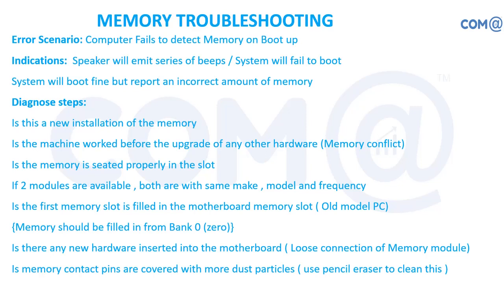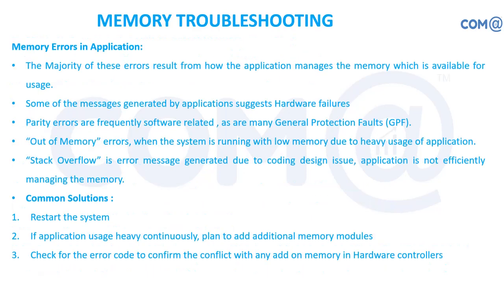Definitely they'll find a problem, so get a replacement module and insert it, and it will work. There is no issue with the motherboard, no issue with the processor, because it is working well with the old memory modules. If there is still an issue, we'll have to check whether it's a processor issue, SMPS issue, whatever it is. Now we'll move on to memory errors in the application.